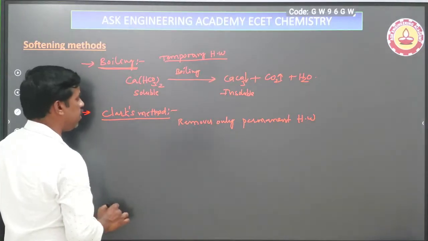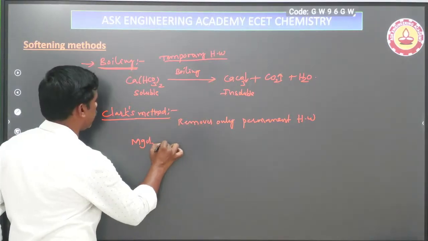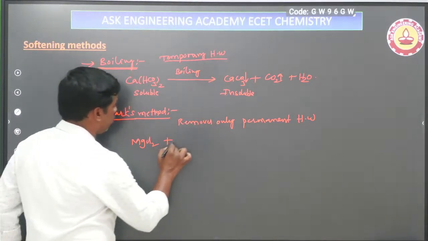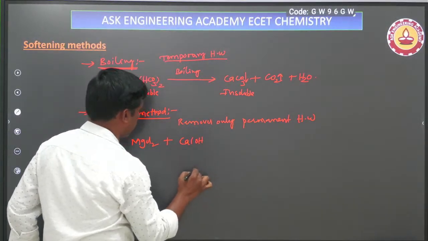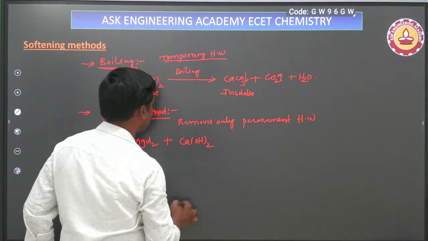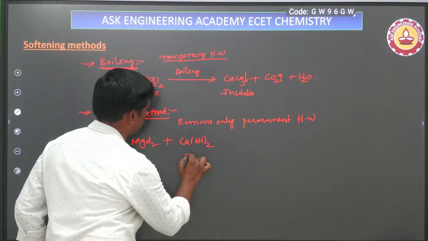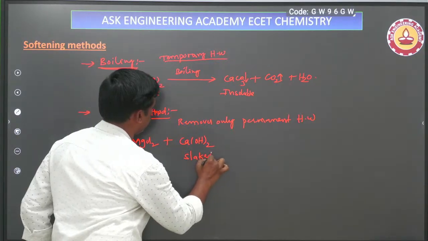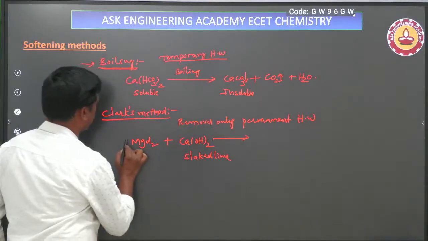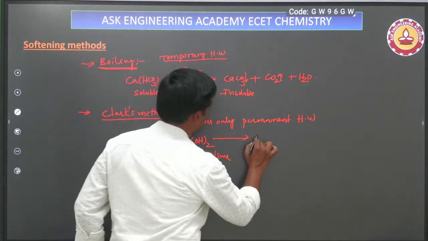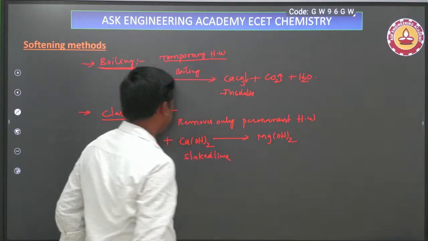For example, take a dissolving salt such as magnesium chloride dissolved in the water. Calcium hydroxide, slaked lime, is added.